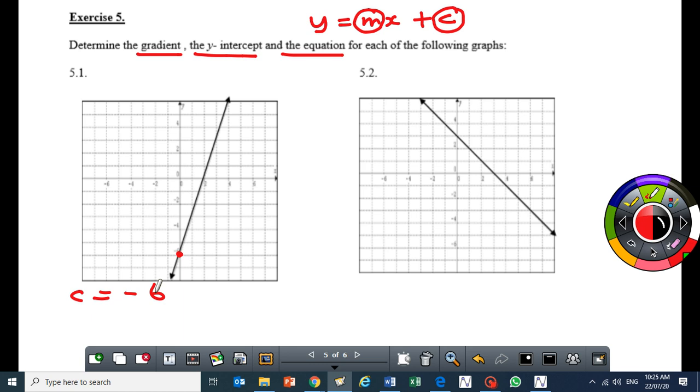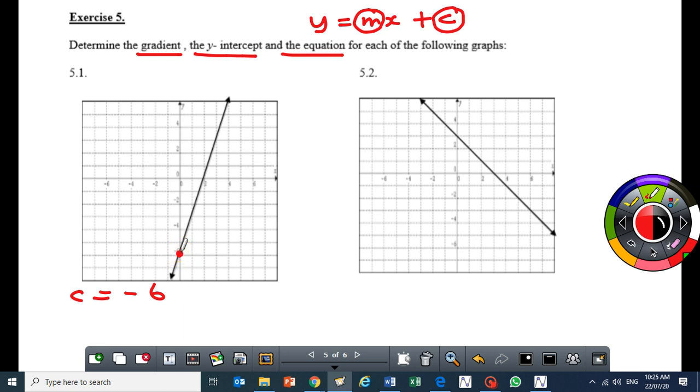Remember, the y-intercept is the value of y when x is 0, and x is 0 where the graph crosses or intersects with the y-axis. So for this question, our y-intercept is minus 6.